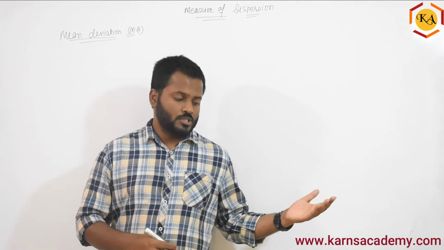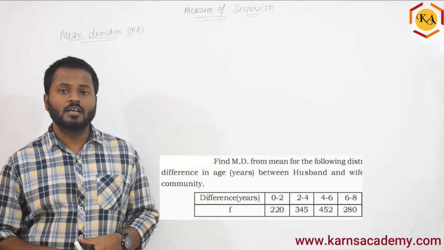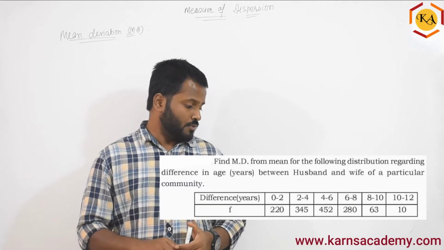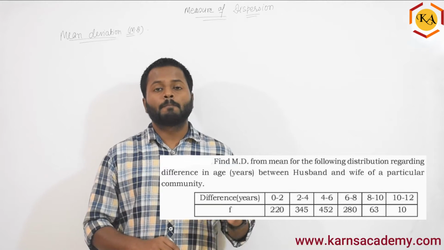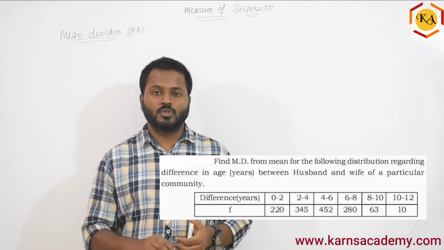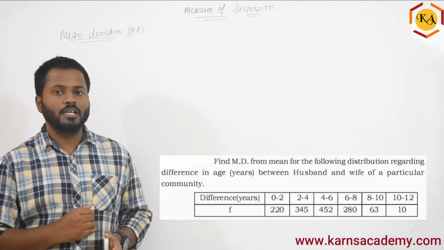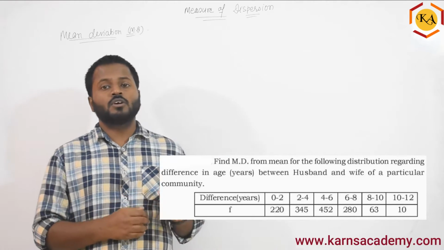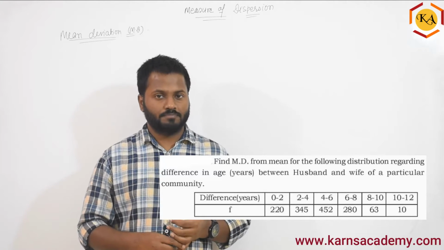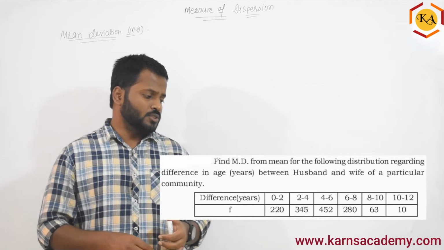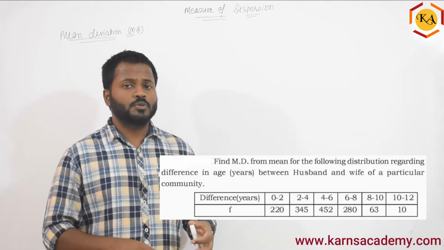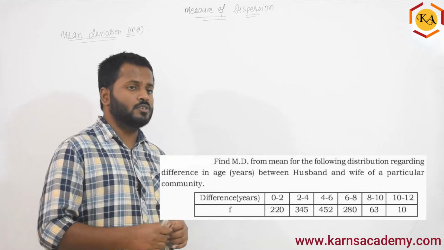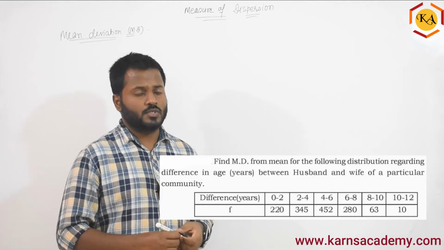So let's see one question which is displayed on your screen. It says find the mean deviation from mean and the coefficient of that. So here they are only asking mean deviation from mean. When we solve, we will solve mean, median and mode together, right? The data they have given, so please pause the video, you can note down the data. I will also be writing it over here, and meanwhile we'll start solving it.